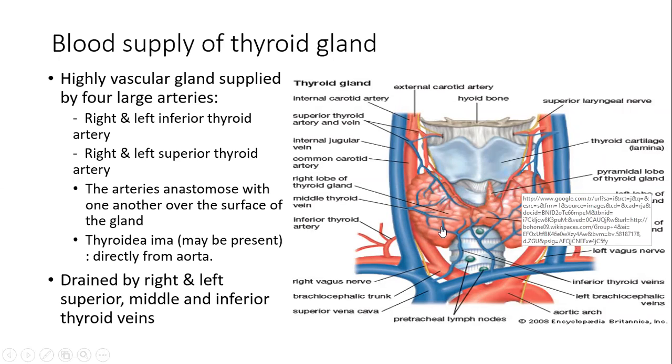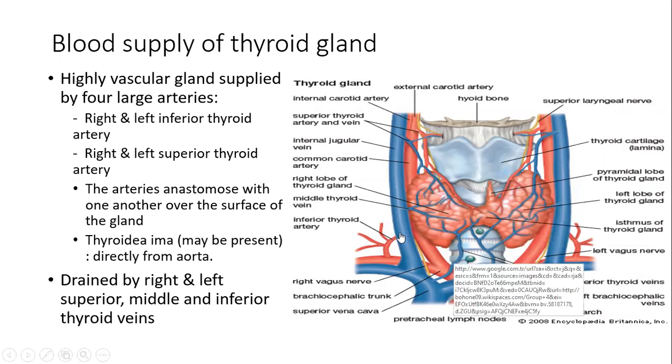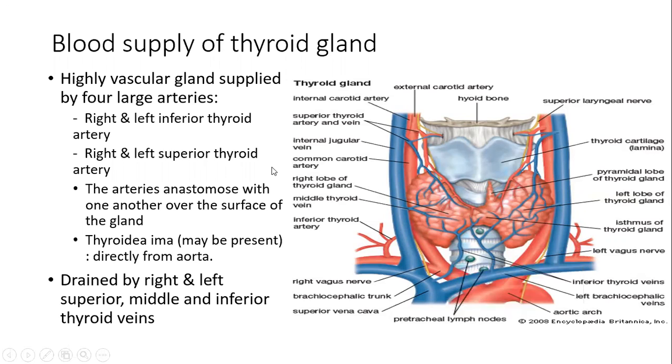Similarly, below we have the inferior thyroid artery on either side, which is supplying the gland. So there are right and left superior thyroid arteries as well as right and left inferior thyroid arteries. Four arteries will be supplying this gland called the thyroid gland.